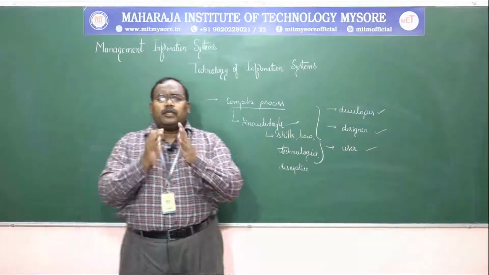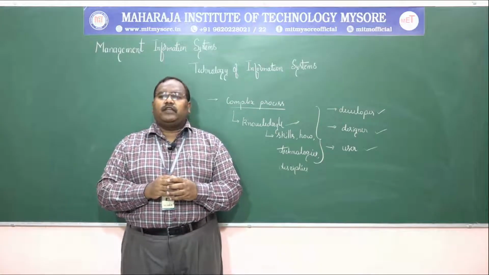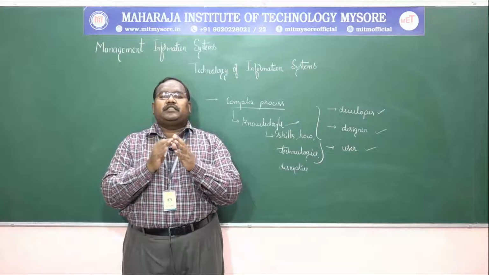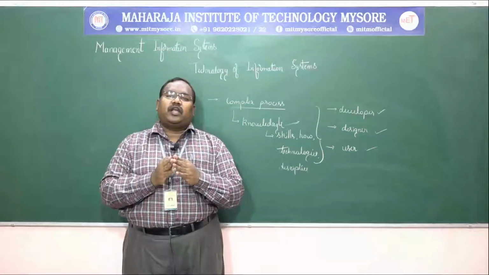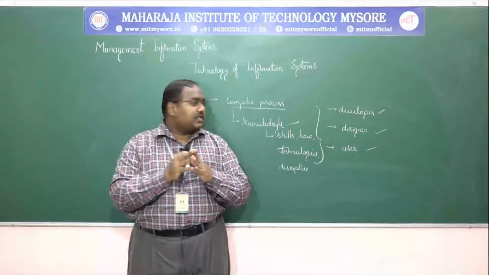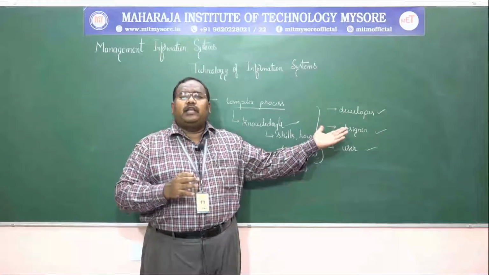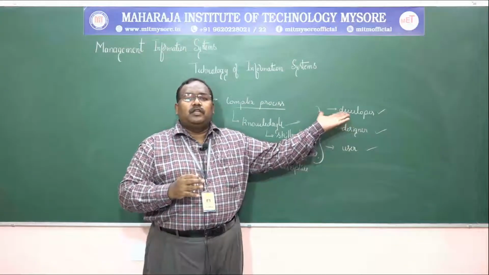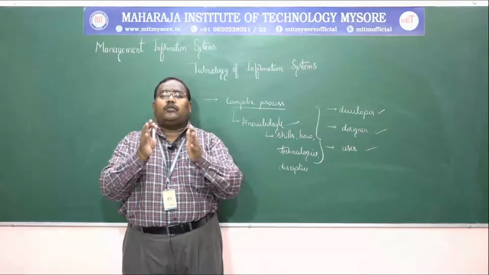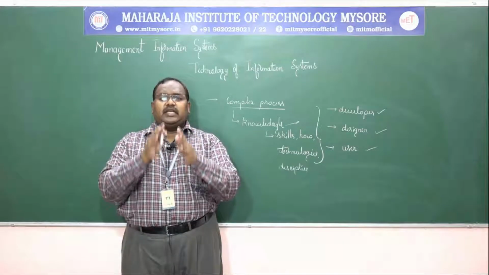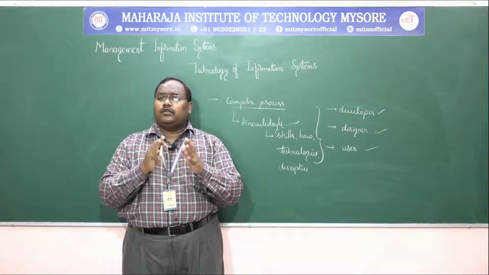Next, to become a successful developer of an information system, it is necessary to have a core understanding of different kinds of processes. You people mainly look into jobs like development. So if you want to become a successful designer or developer, what should you be aware of?